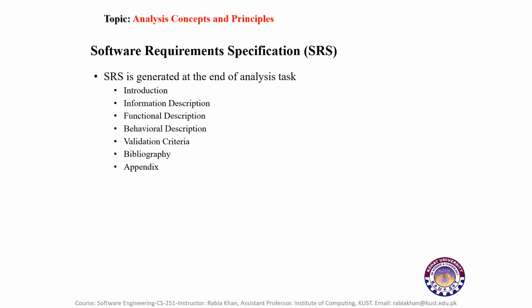The constraints, for example, the hardware requirements, the software requirements, these are different constraints. For example, the RAM required for your system is a constraint, and some other constraints as well. So this is a detailed document and is written at the end of the software requirements analysis phase.